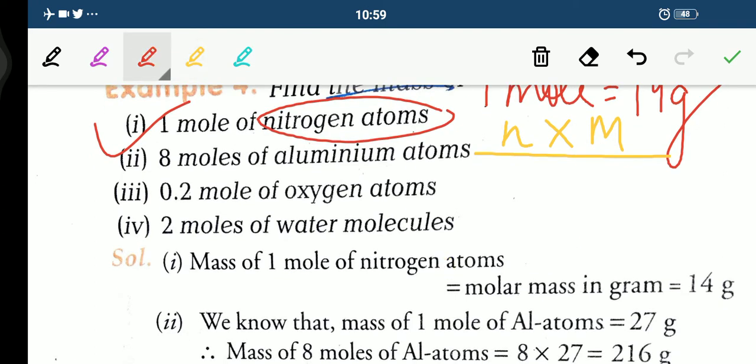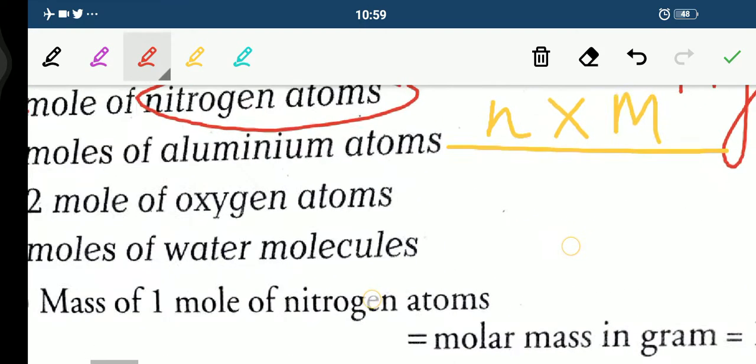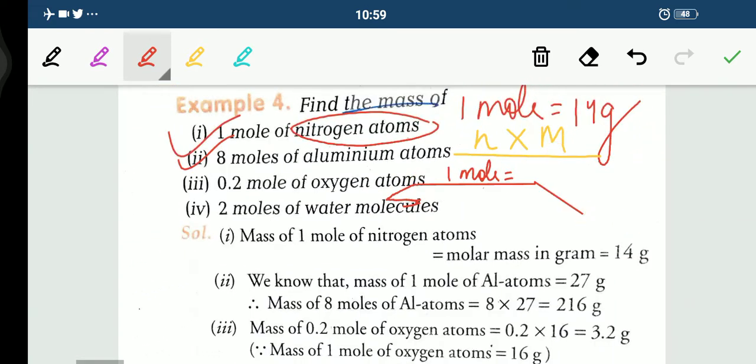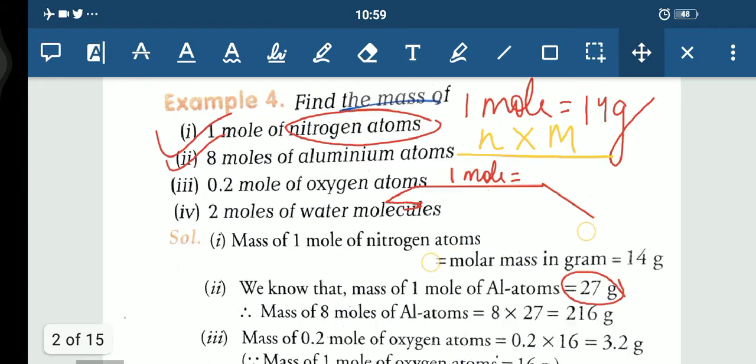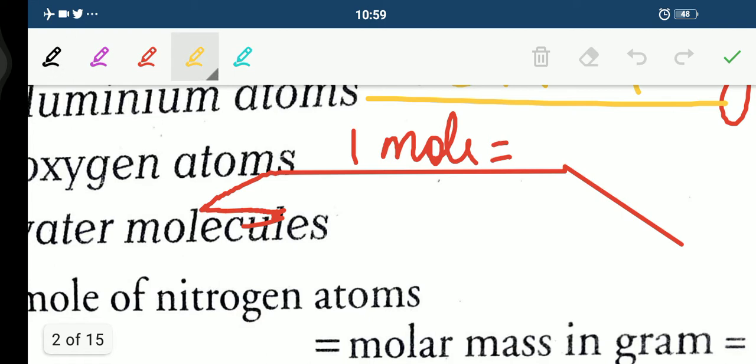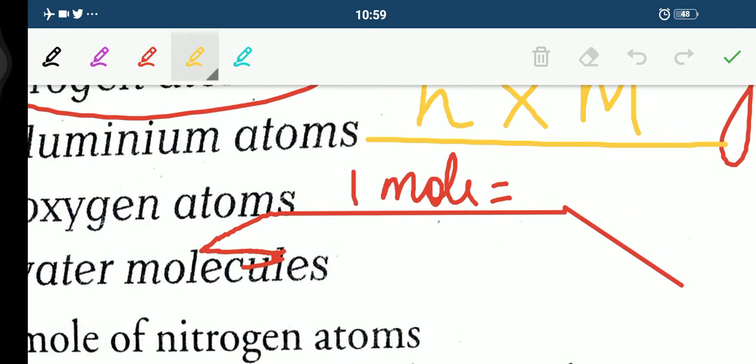So from the unitary method, what do you need to do? Let's calculate by the unitary method for 8 moles of aluminium atom. Fine, bachche. So we know that 1 mole of aluminium atoms is equal to 27 gram.